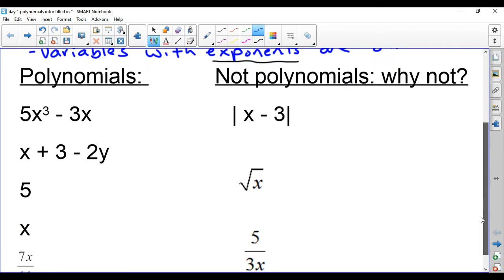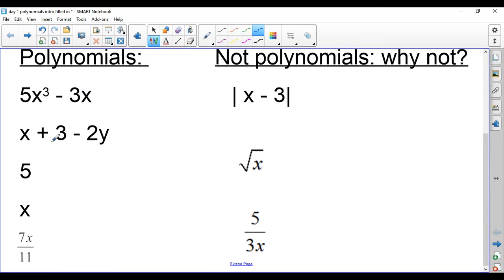So if we look at these examples, on the left, these are all polynomials. 5 times x cubed minus 3 times x. X plus 3 minus 2 times y. All we have is addition, subtraction, and multiplication here. A number, 5, is a polynomial. It's a very simple polynomial. X, just a single variable, is a polynomial. 7x divided by 11, that is a polynomial.